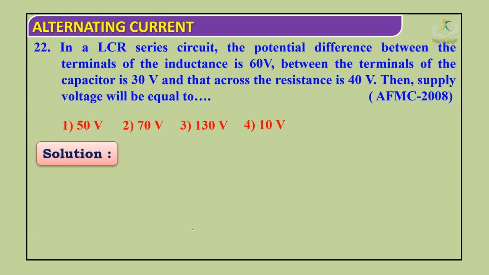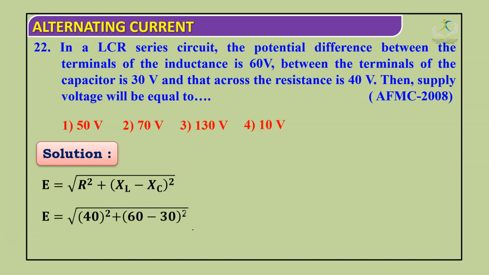So let's move with the solution. E equals under root R square plus (XL minus XC) whole square. So E equals under root 40 square plus (60 minus 30) whole square, equals 50 volt. According to that, the correct option is option 1.